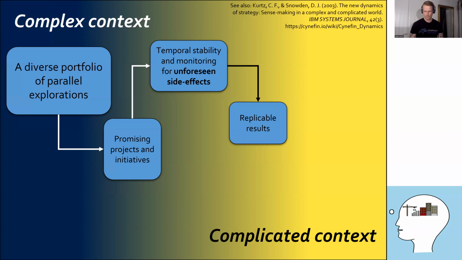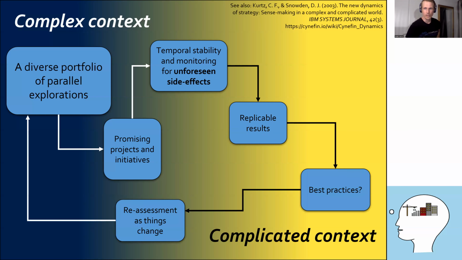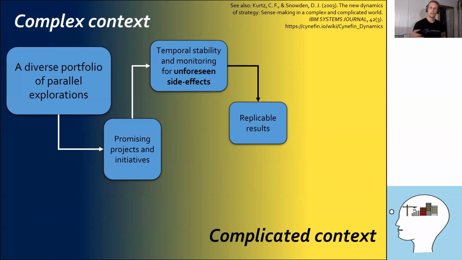And at this point, if we go back to our discussions about replication, now you're in a position, if you're doing research, where you might be able to actually start replicating your research findings.